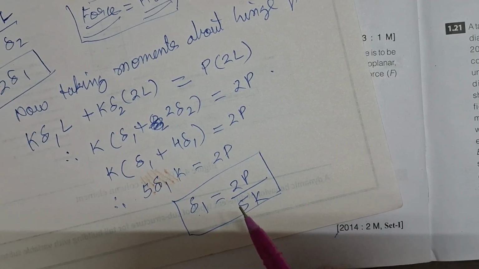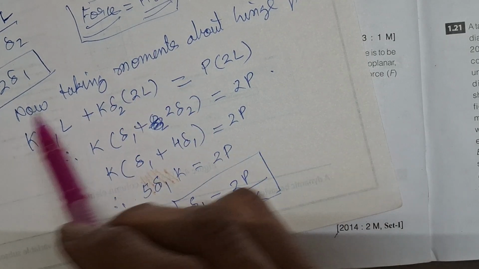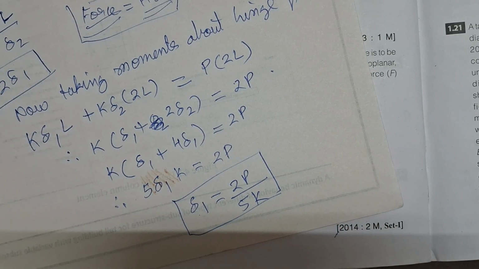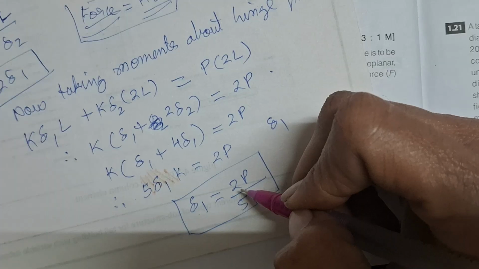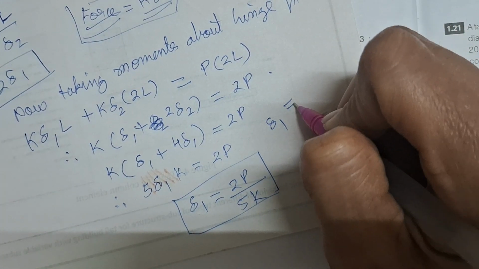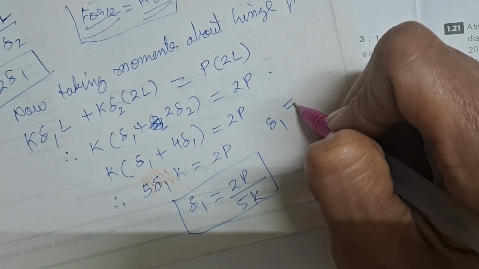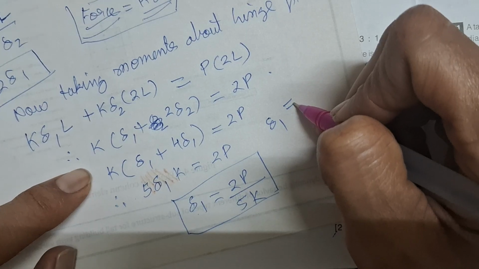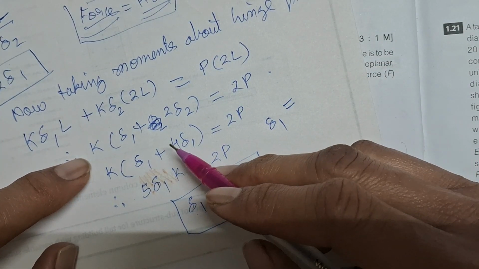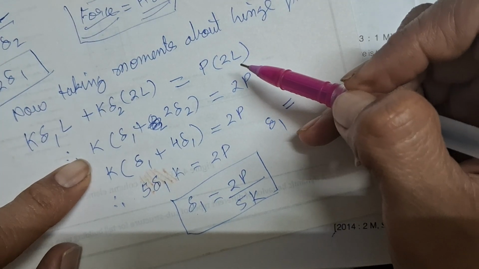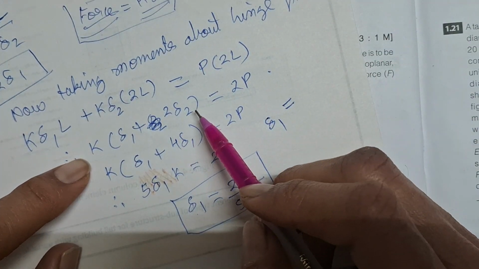In the same way, I substitute the value into delta 2. So if I put delta 1, I just have to put it in the equation. So delta 1 is equal to 2P upon 5K, plus 2 delta 2.